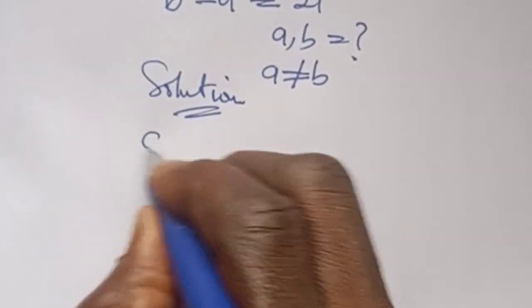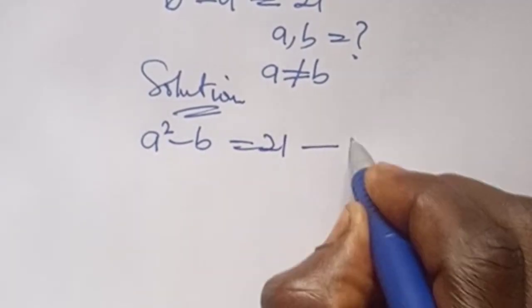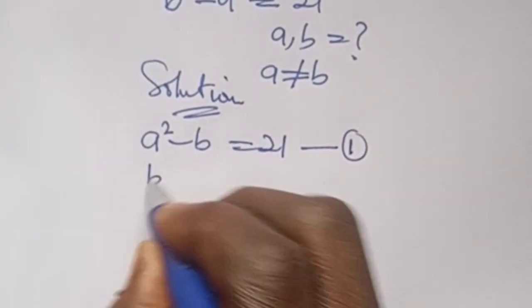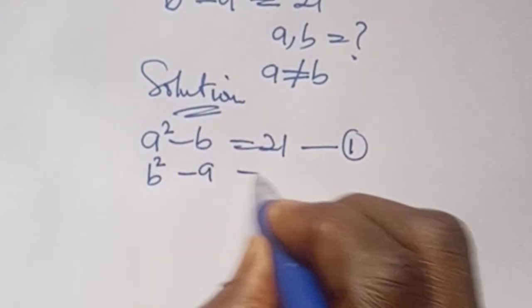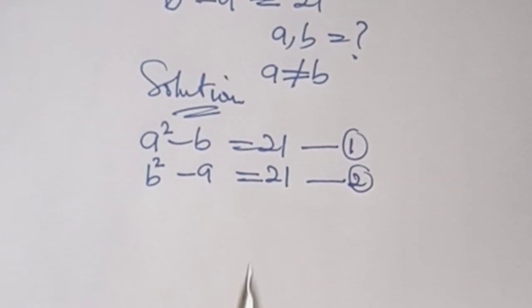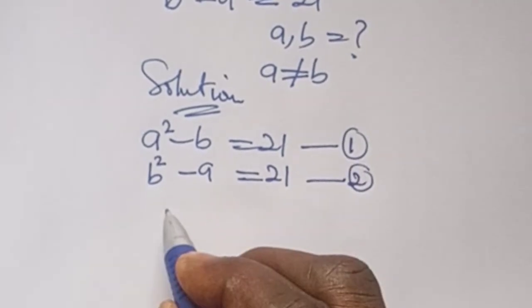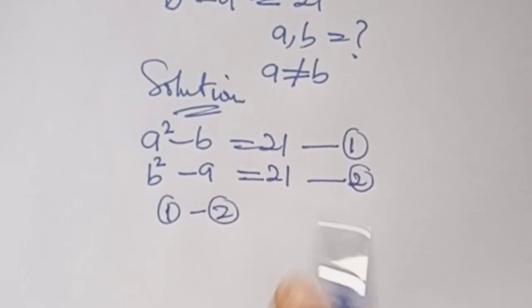From our equation, we can say a to the power of 2 minus b equals 21 is equation 1. And b to the power of 2 minus a also equals 21, let it be equation 2. So in the next step, we're going to subtract equation 2 from 1. That is equation 1 minus 2.